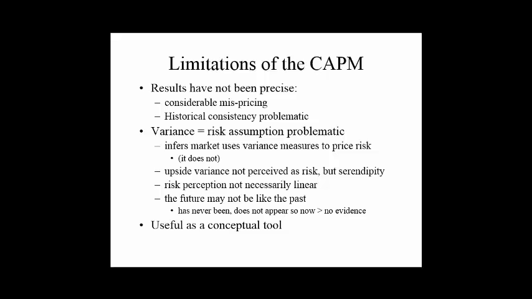If variance is risk, then the market itself should use it for more than simply CAPM studies. But it appears that pricing does not follow the variance as the ultimate measure of risk. Next, risk perception is not necessarily linear. This means that as the market perceives risk increasing, the aversion to investing in a particular investment may not increase linearly.